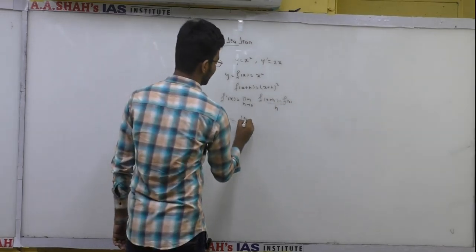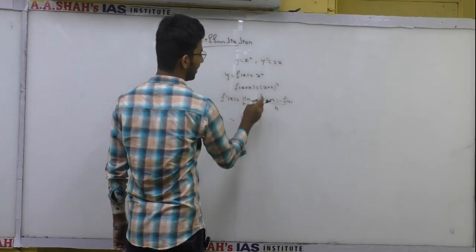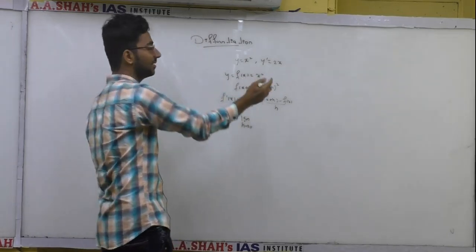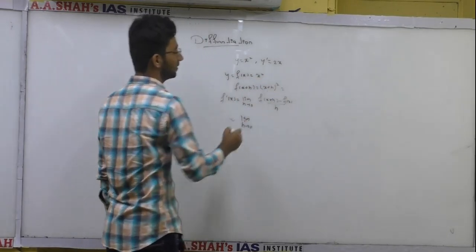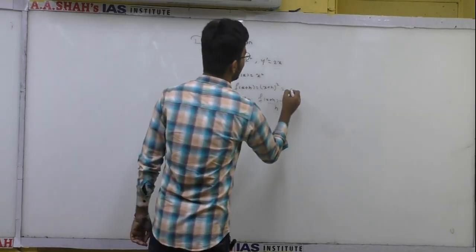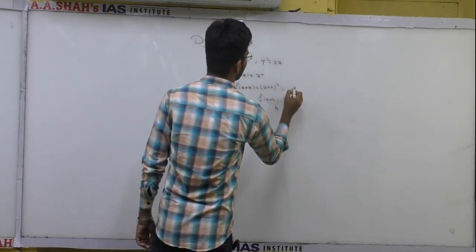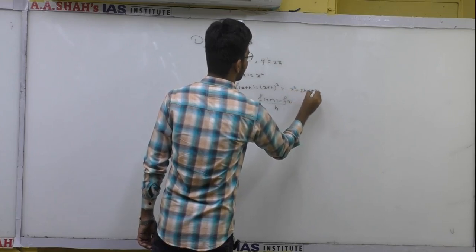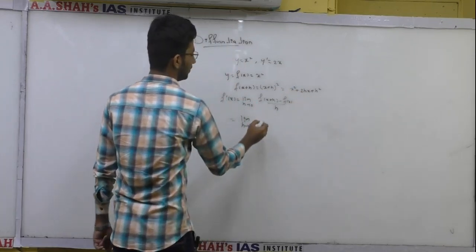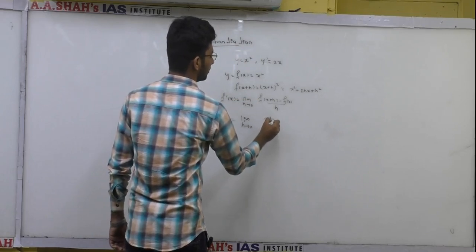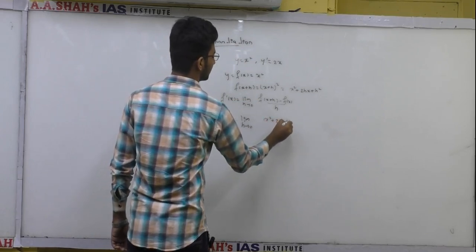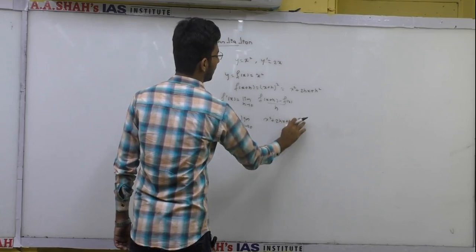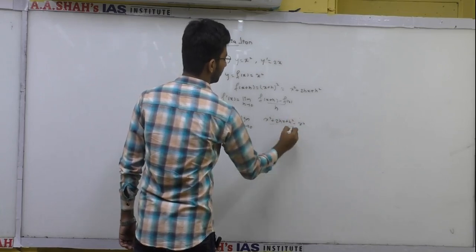Now limit h tending to 0. What is my f(x plus h) over here? This is x plus h, a plus b the whole square. It's better I solve it here only. So what it will be? x square plus 2hx plus h square. So x square plus 2hx plus h square minus f(x), which is x square, upon h.